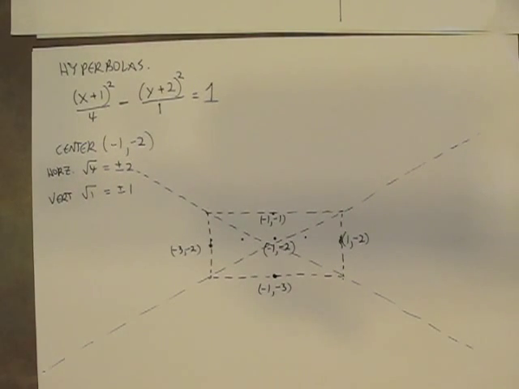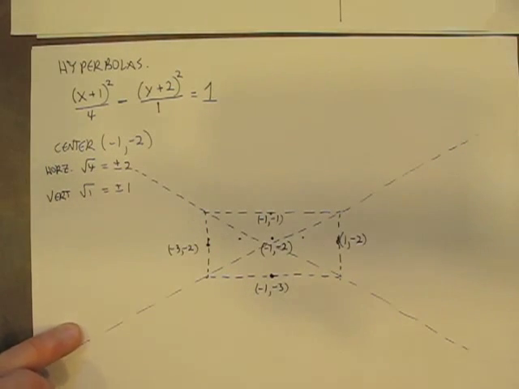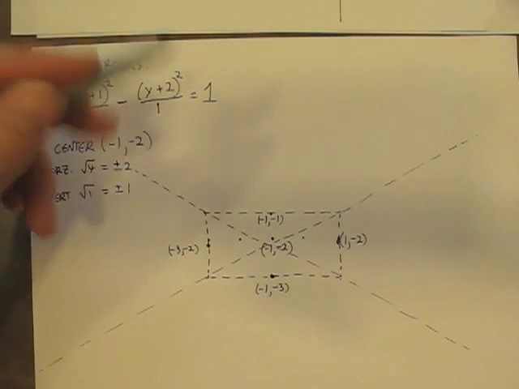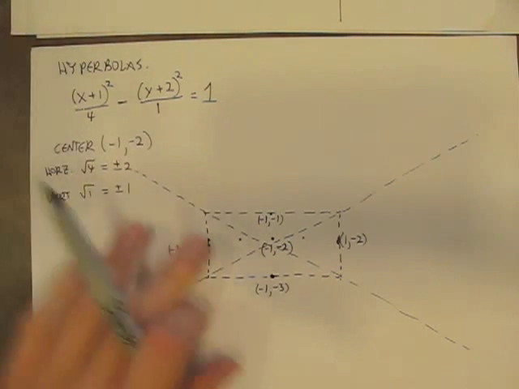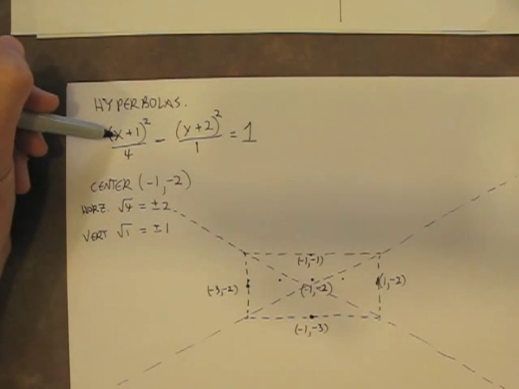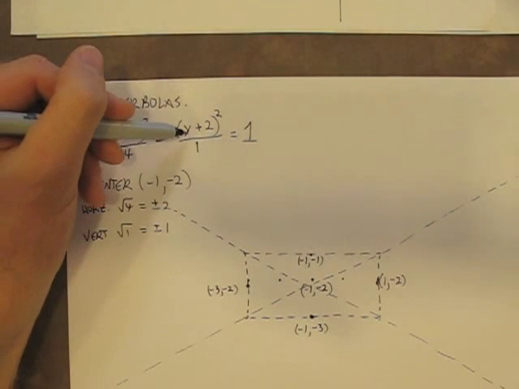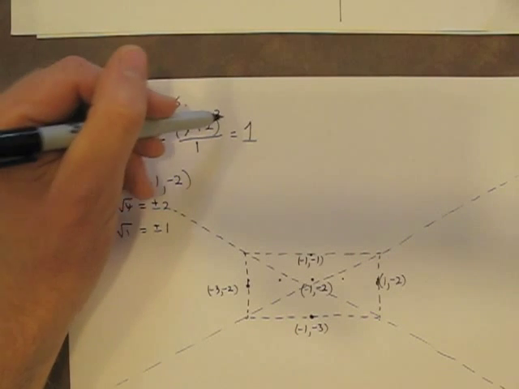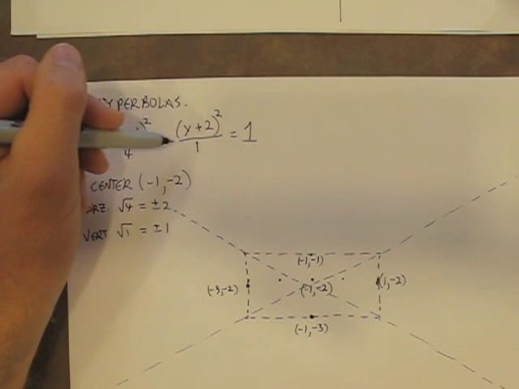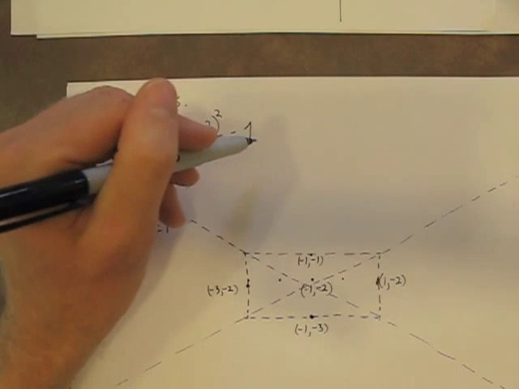So now the question is, does it open this way or does it open this way? Well, let's try this point here. Let's try negative 1 comma negative 1. If I plug in negative 1 in here, negative 1 plus 1 is 0, and then negative 1 plus 2 is 1, so that's 1 squared divided by 1 gives me negative 1, so negative 1 does not equal 1.